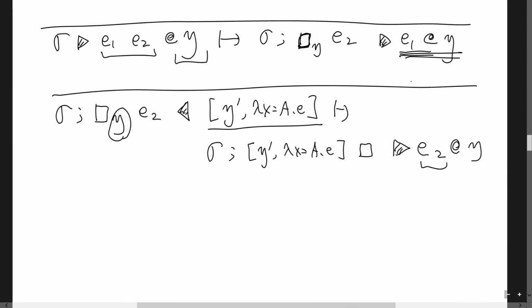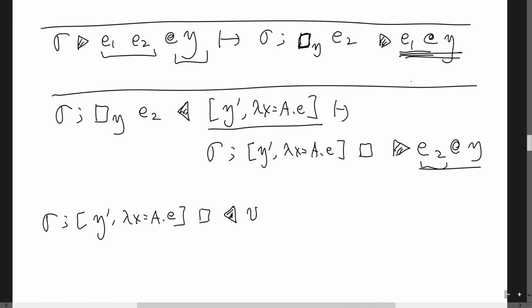Now suppose that everything goes okay again, and we produce the value v from this expression E2. Then we would have something like a sigma, eta prime lambda x a dot e, hole, and we are currently returning this value v. Then what is the next state?